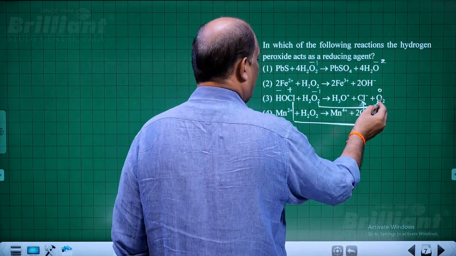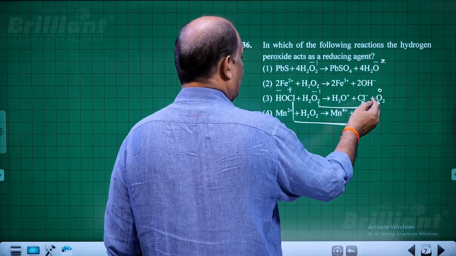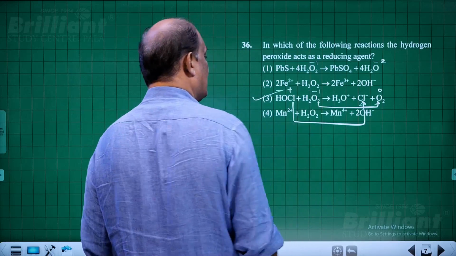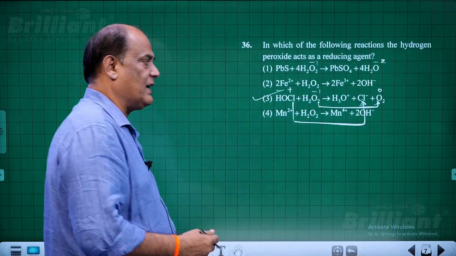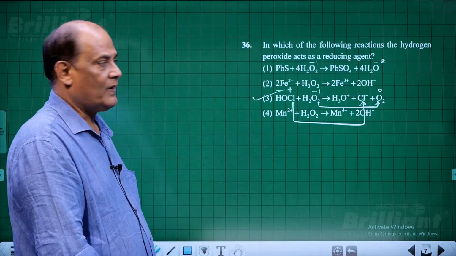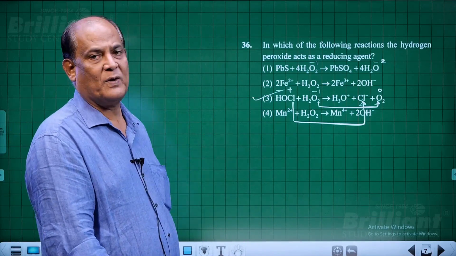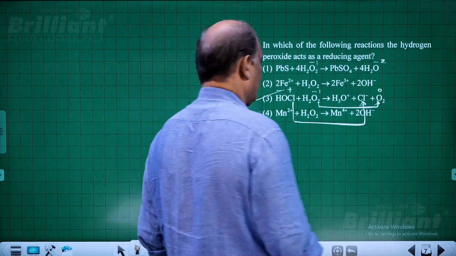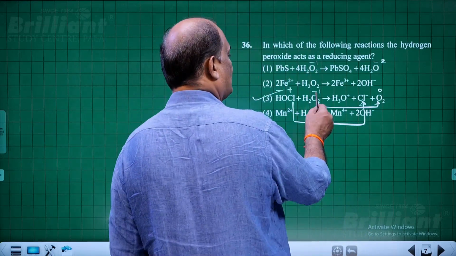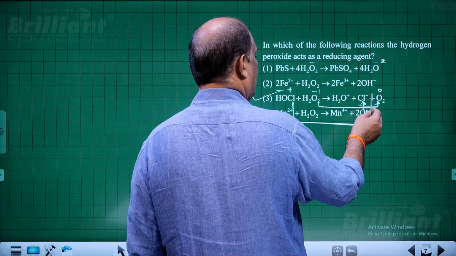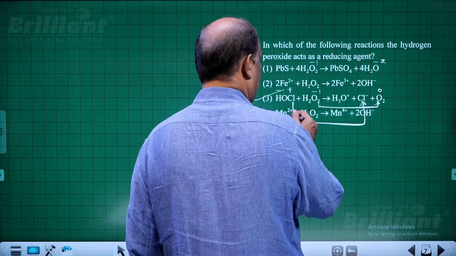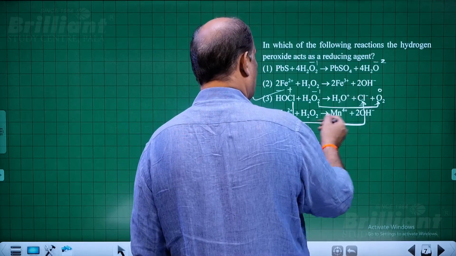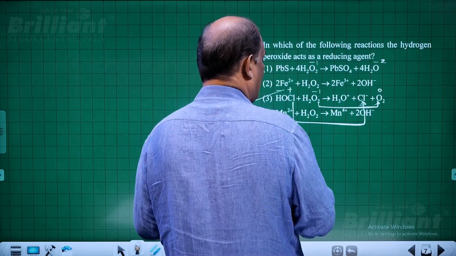This is undergoing what again? Oxidation. So it is acting as reducing agent. Third one is the answer. Without doing anything else, we can tell the answer. Right? For this one, actually much knowledge is not required. Because -1 to 0, undergone oxidation means it is acting as reducing agent. Cl plus, this is what Cl. It has undergone reduction. So that is acting as oxidizing agent.